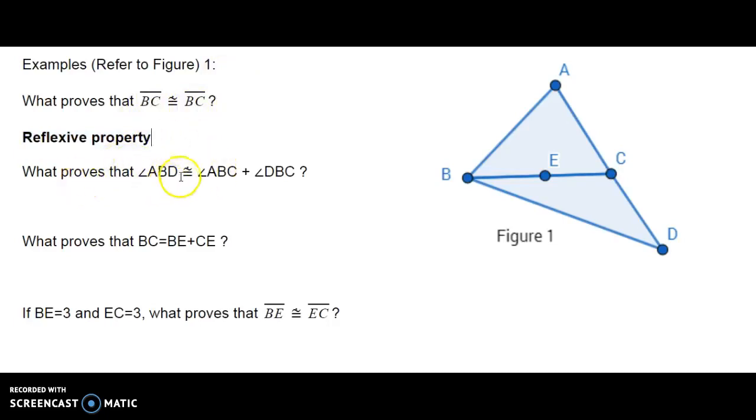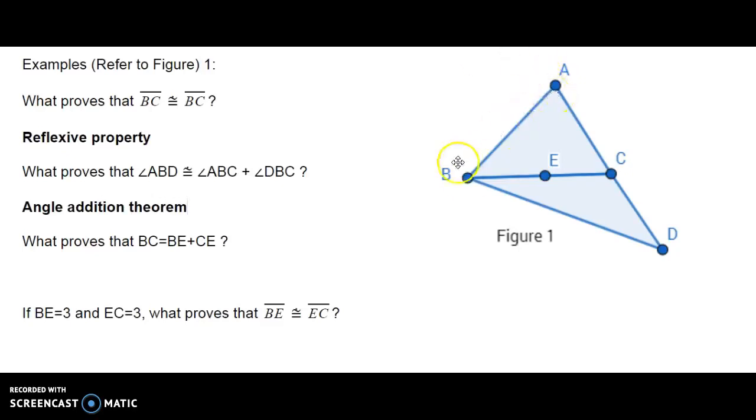Now, what proves that ABD, this angle right here, is congruent to ABC plus DBC? Well, I've got this big angle made up of this angle and this angle. Well, you know what that's going to be. That's going to be our angle addition theorem.